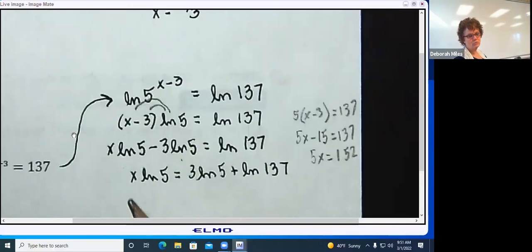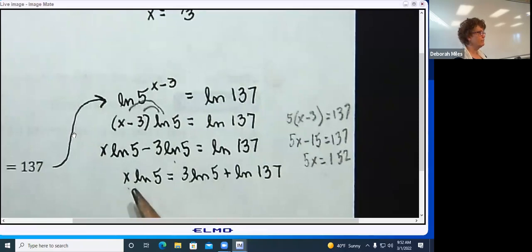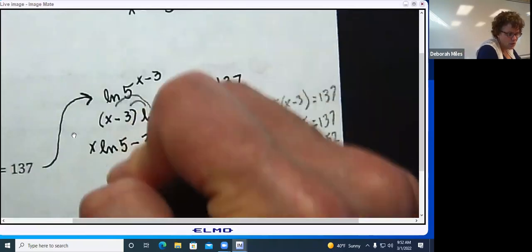So what do I have to do on this ugly equation? Instead of dividing by 5, I'm dividing by natural log of 5, but it's the same process. Divide both sides by natural log of 5.